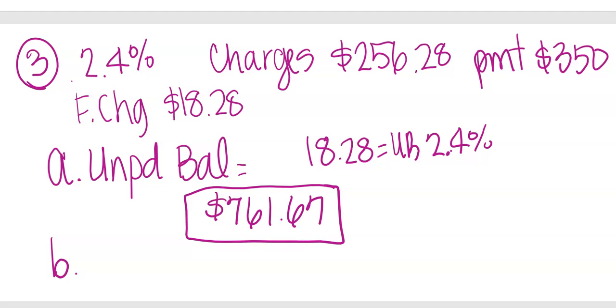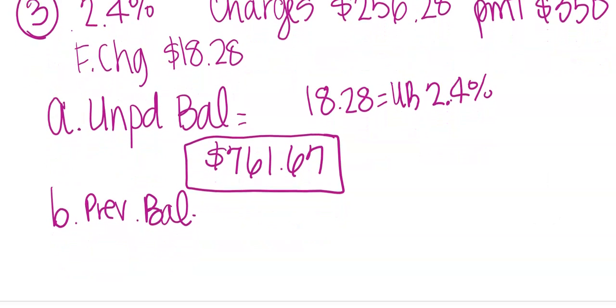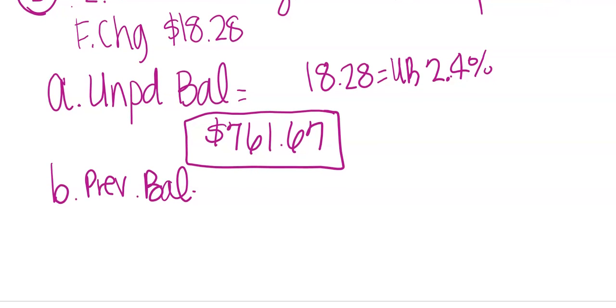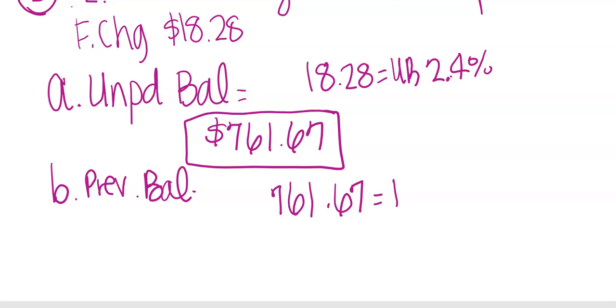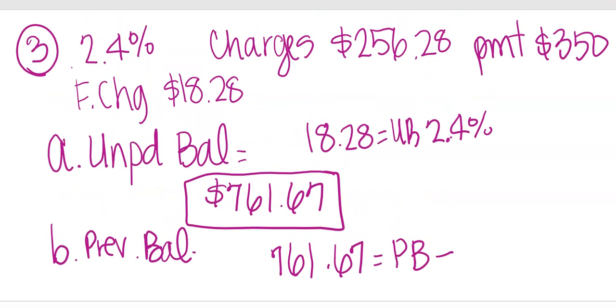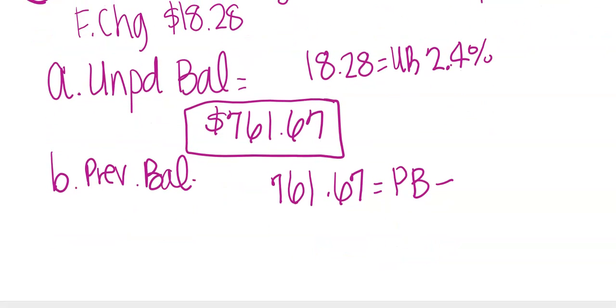Part B says previous balance. So for the previous balance, we're going to take that unpaid balance that we just did. We don't know what the previous balance was, but we do know that they made a payment of $350.